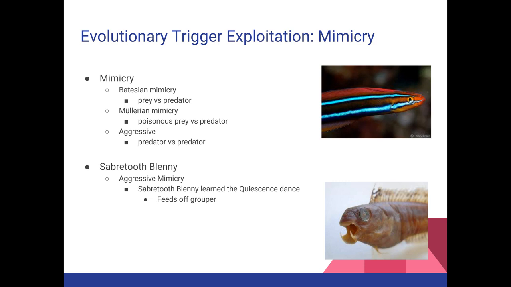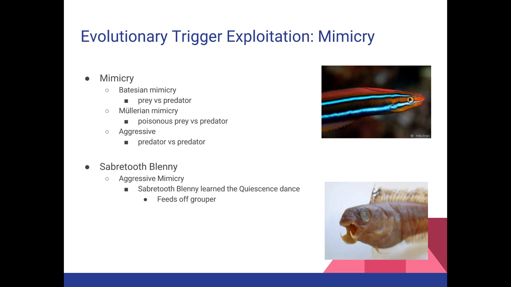It doesn't feel the pain. And the saber-toothed blenny gets a meal out of the grouper's mouth, eats his tongue, eats his jaw. And they found very old grouper often with a lot of damage to the inside of their mouth because of these creatures. And this relationship is a form of aggressive mimicry.